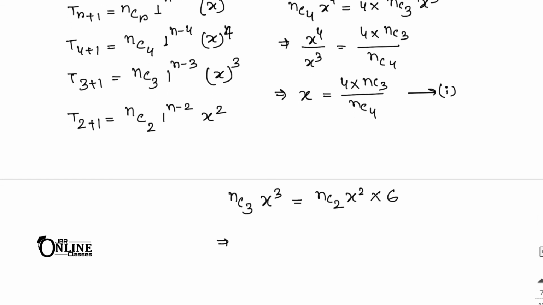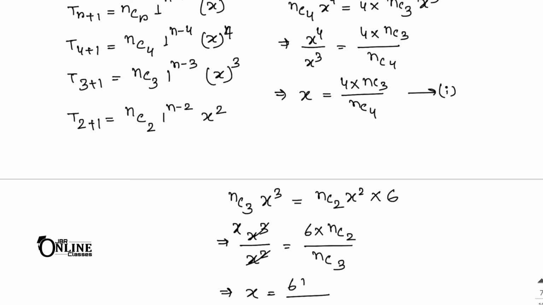So x cube by x square is 6 into nC2 divided by nC3. So this one will also be x equal to 6 nC2 divided by nC3.